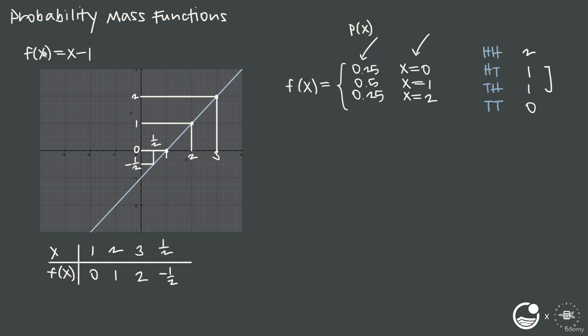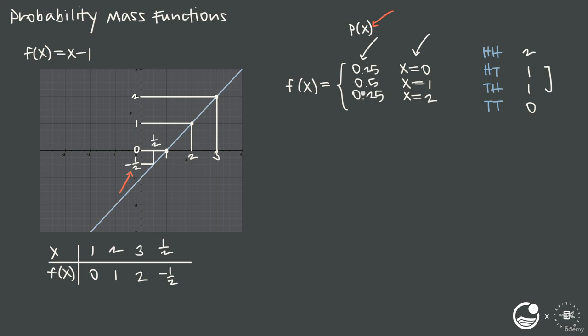That satisfies this function f of x. But for probability mass functions, we can never find a negative output like this. In our case, that means we can never get a negative probability. So all of these values right here have to be 0 or positive. They cannot be negative, which makes sense because negative probability is really nonsensical.